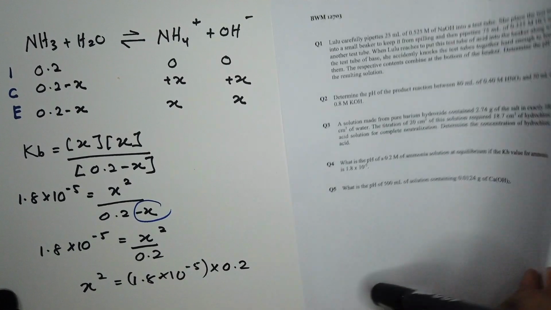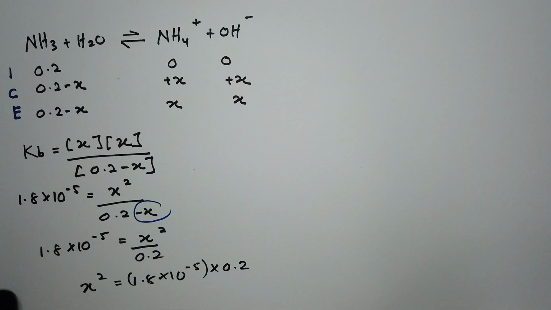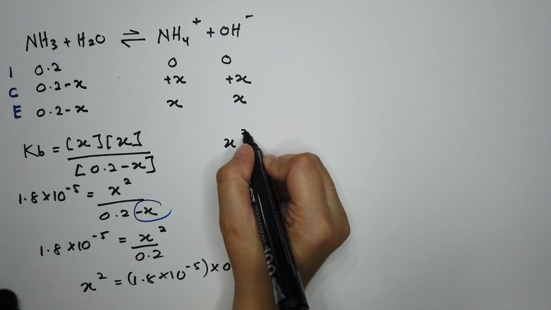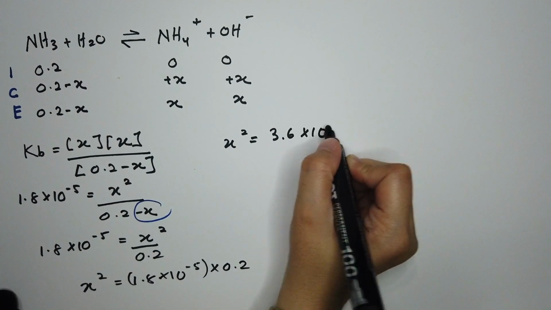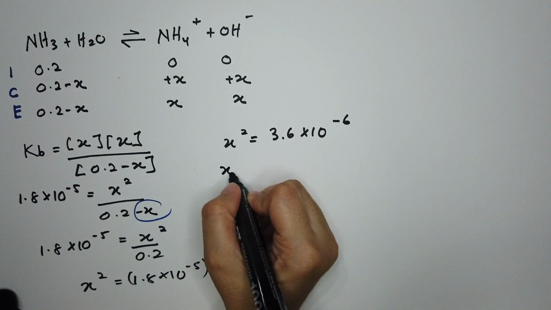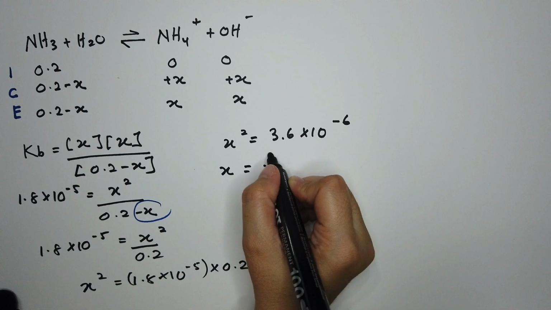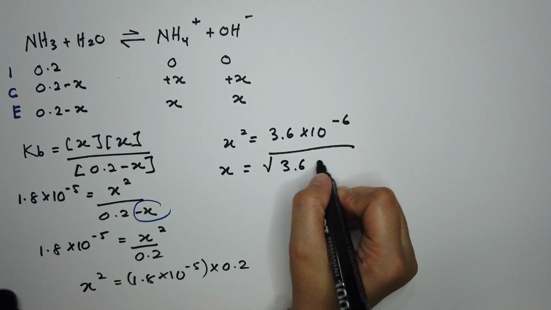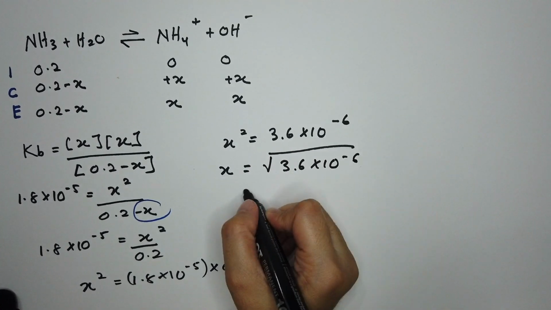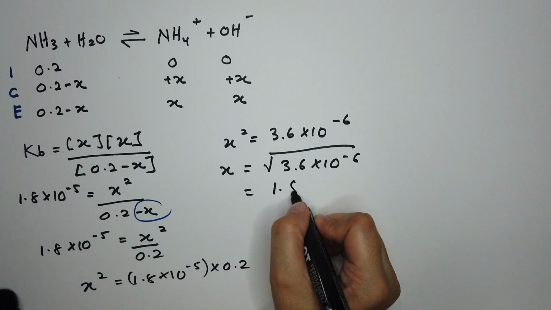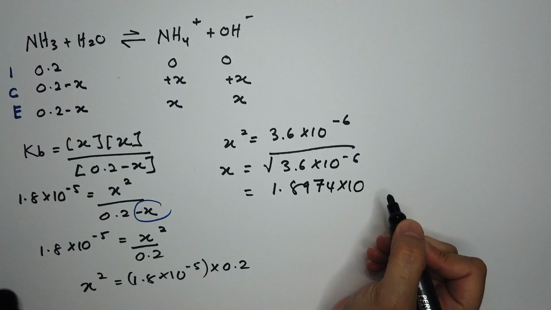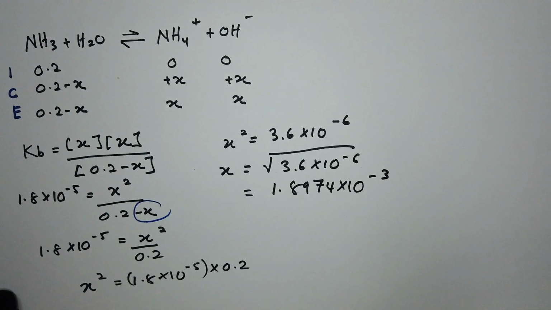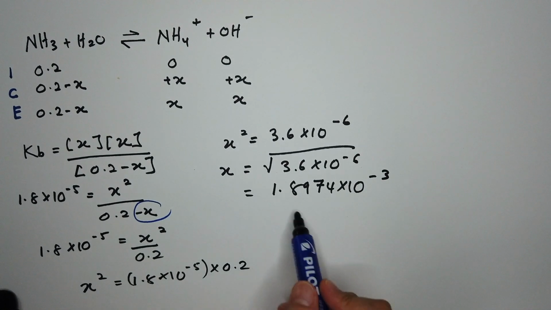So your x squared should be equivalent to 3.6 times 10 to the power of negative 6. Therefore, your x is the square root of this. You will get 1.8974 times 10 to the power of negative 3. That is your value of x.